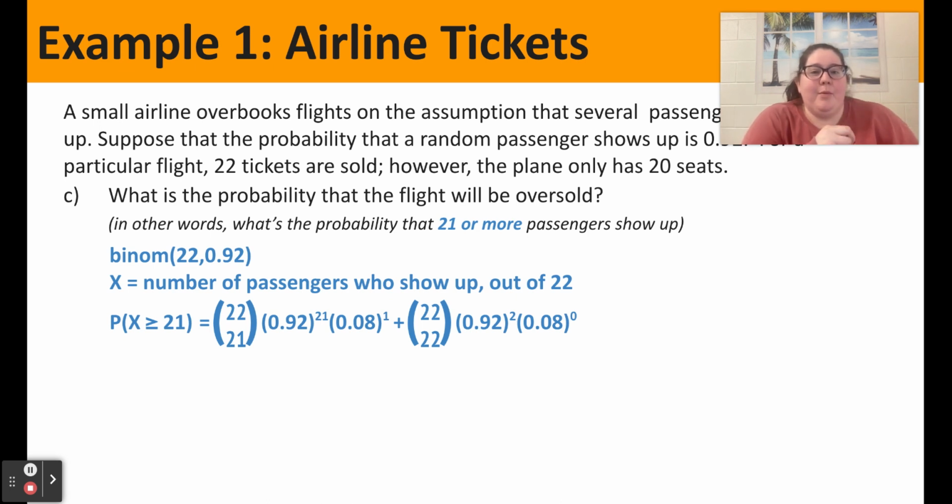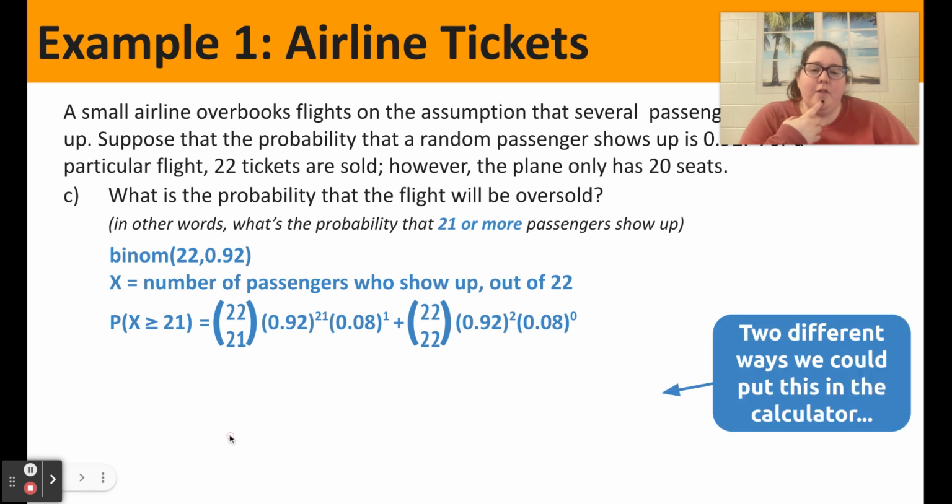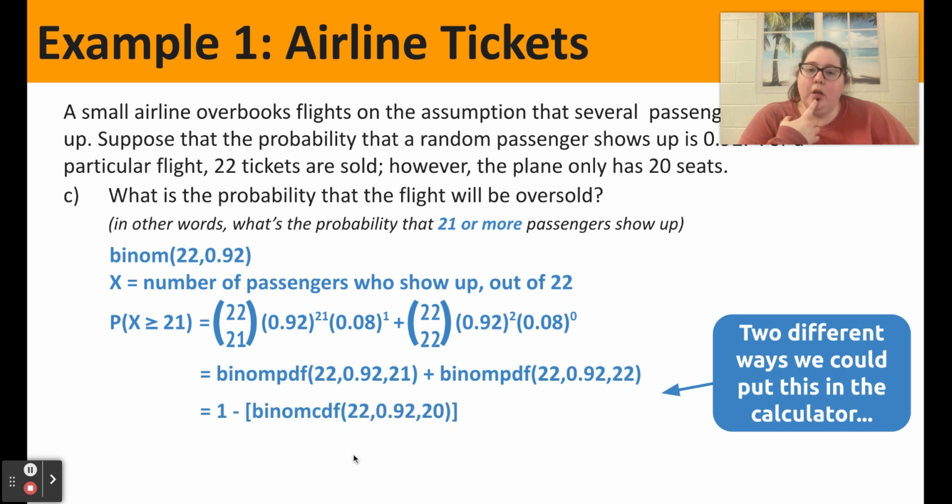So if I find the probability of what I don't want to happen, I can do 1 minus that, and that will give me the probability of what I do want to happen. In other words, I could do binom PDF for 21 plus 22 and get an answer, or I could find the binom CDF for what I don't want, which is 20 or less, and then do 1 minus that.